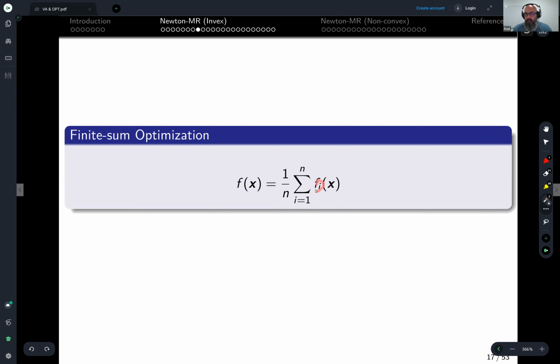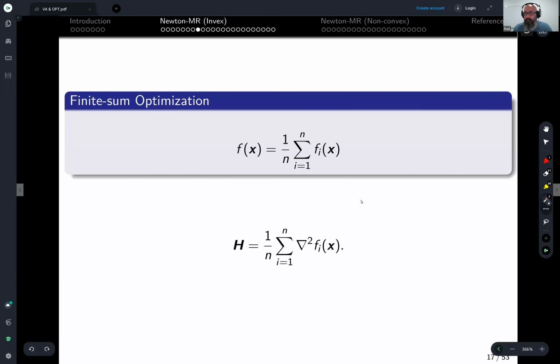Each one of these functions, for example, in machine learning could amount to a given example in your training data, or if you're doing scientific computing, it could be one measurement in your data set. So when you're talking about a big data regime where N is large, meaning your training set is very, very large, then computing the Hessian amounts to computing the Hessian of the individual functions n times. So it could be very, very expensive to do.